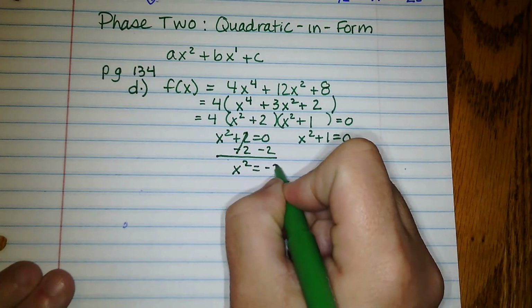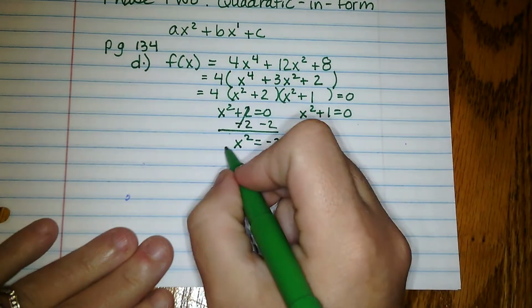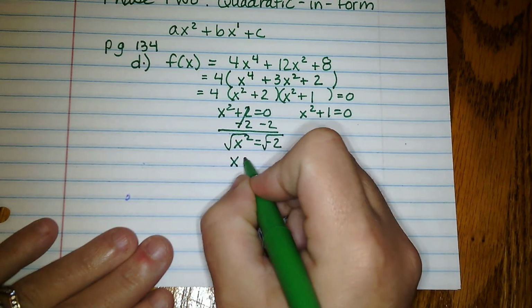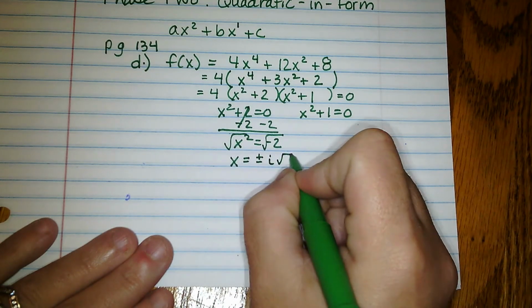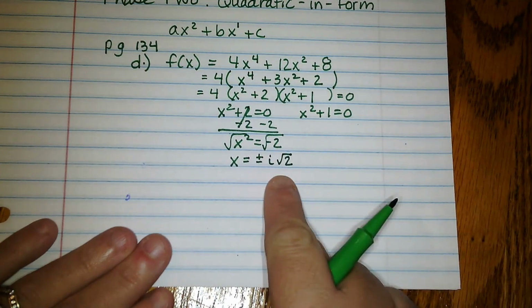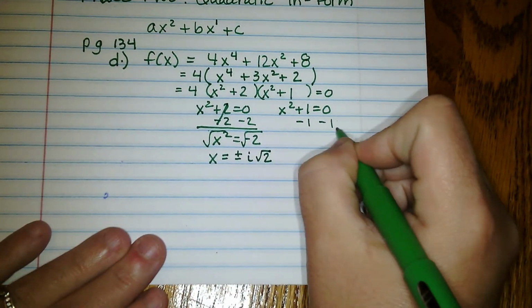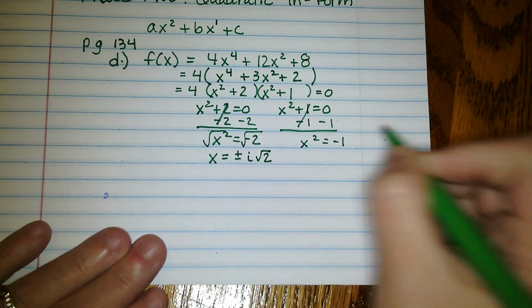Remember, I can't factor that. So I have to isolate the x squared and then take the square root. And when I take the square root of this, it's a negative. So I'm going to end up with plus or minus i square root 2, because it's not a perfect square. When I subtract 1 on this side, I get x squared equals negative 1.